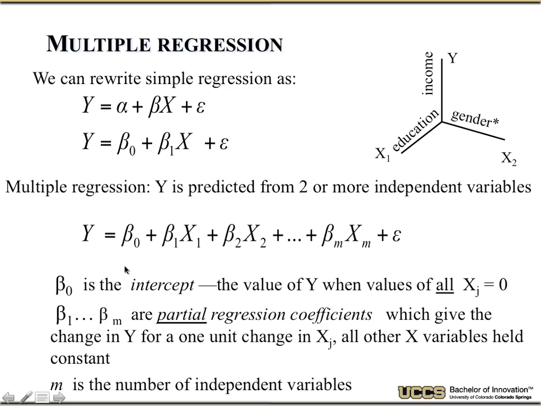Now in this case, b0 is the intercept. Remember, even though this is a plane, this plane has one intercept, which is wherever it crosses this axis. That's its intercept, and then it has a slope in each of the other dimensions. So it has a slope in x1, a slope in x2, and so on.